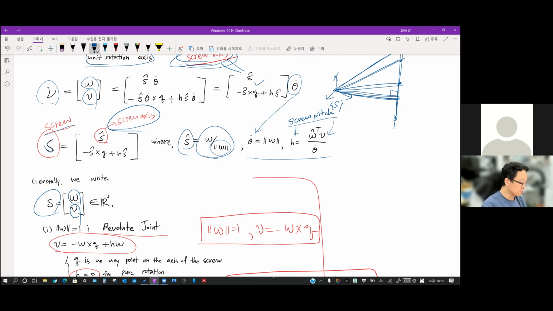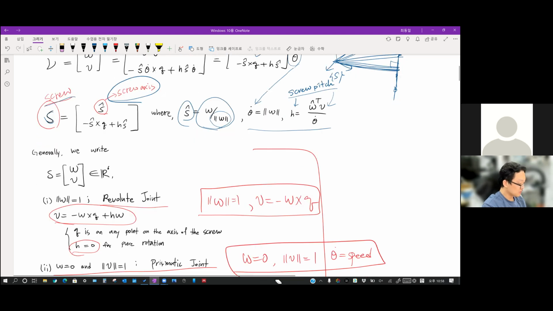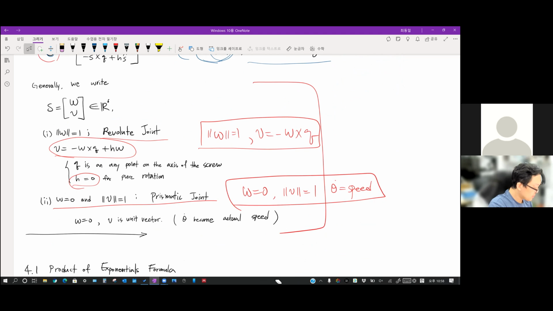Sometimes it is confusing because it uses the same symbol. But we should understand that in some cases omega, V is a screw, and in other cases omega, V is a twist. There is a typical case for the screw.